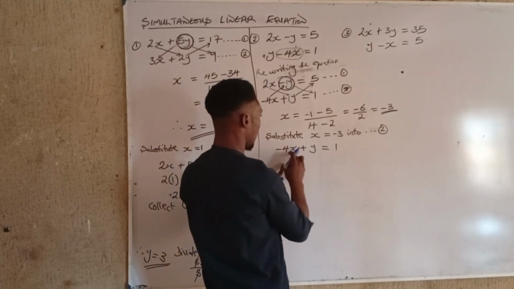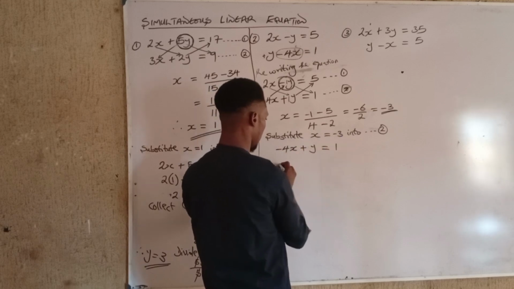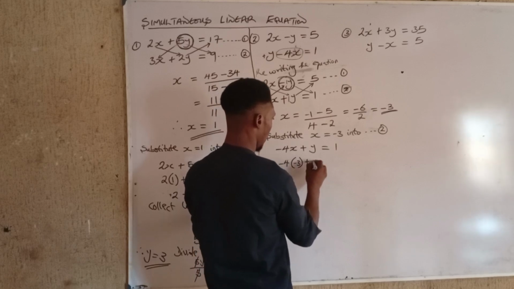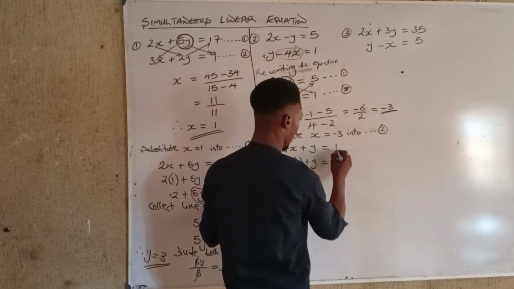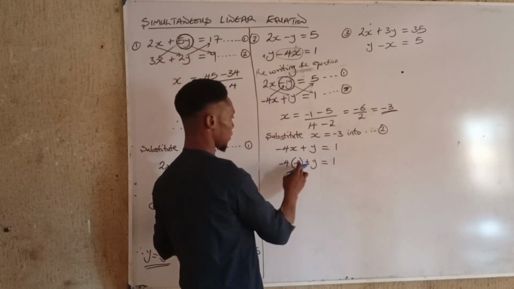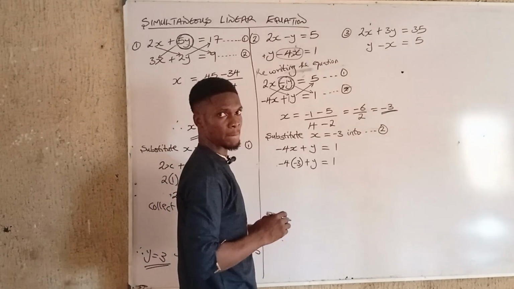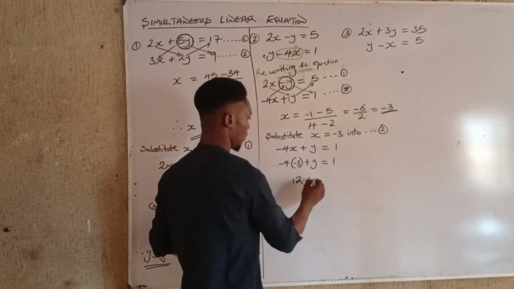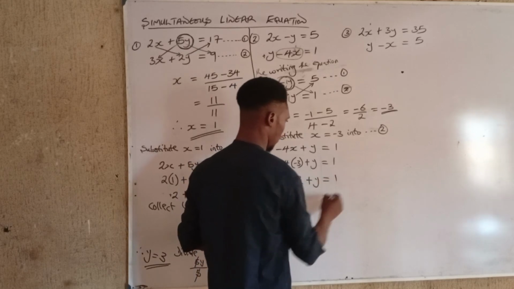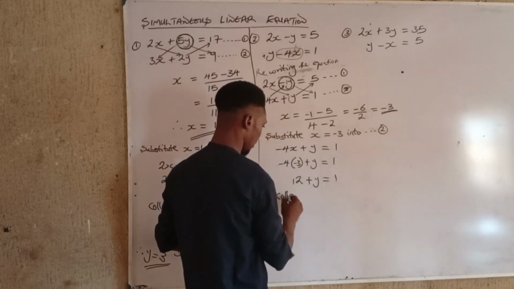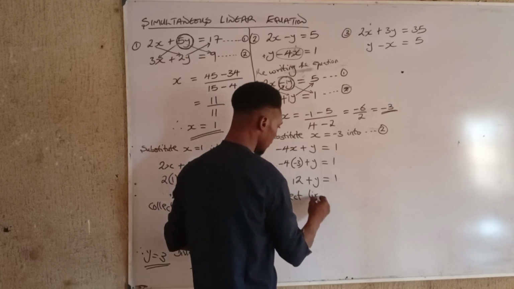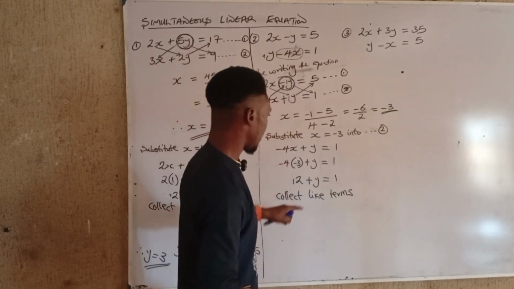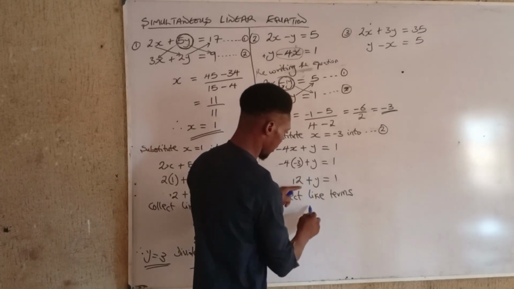So I'll be having, instead of writing x now, I'll be writing minus 3. That's minus 4 times minus 3 plus y equal to 1. Minus 4 times minus 3 will give us a positive 12 plus y equal to 1. Then you collect your like terms. You have your y down.